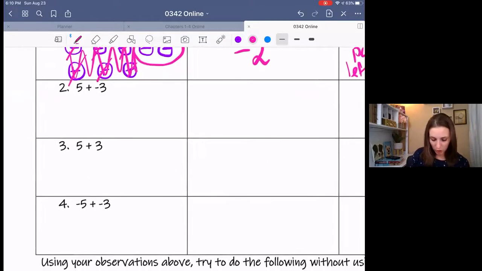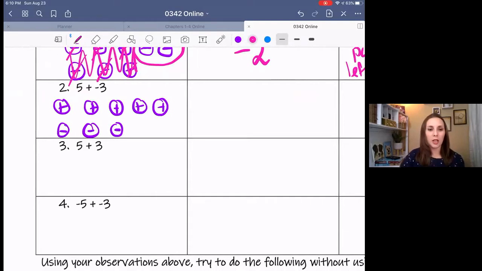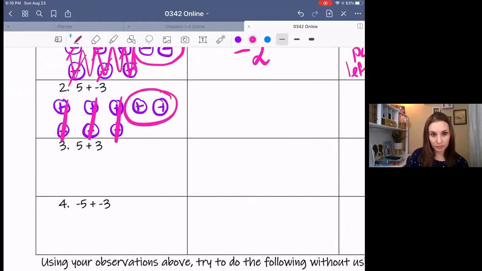So try number 2. 1, 2, 3, 4, 5. They're all positive. 3 negative. Do any pairs pop? Yes. So 1, 2, 3 pairs pop. What are you left with? 2 positive bubbles. So you just write 2.